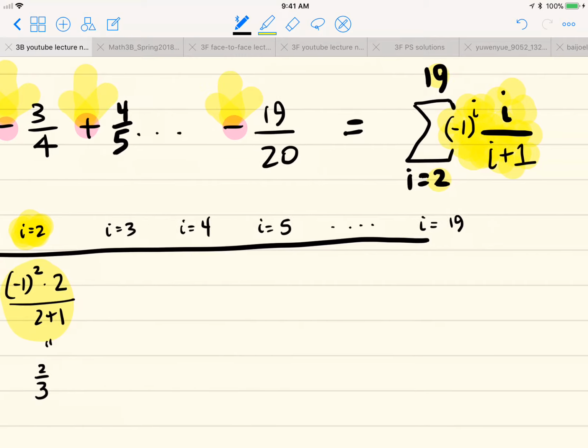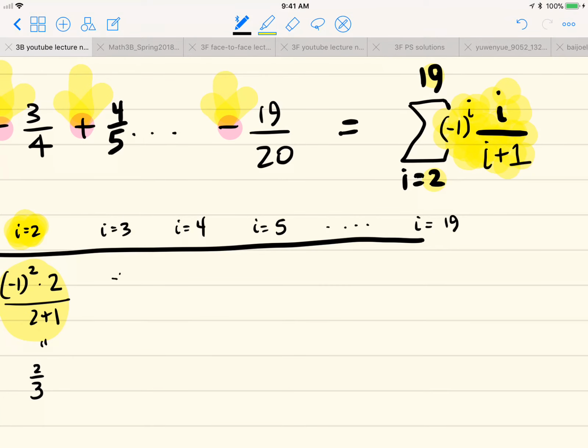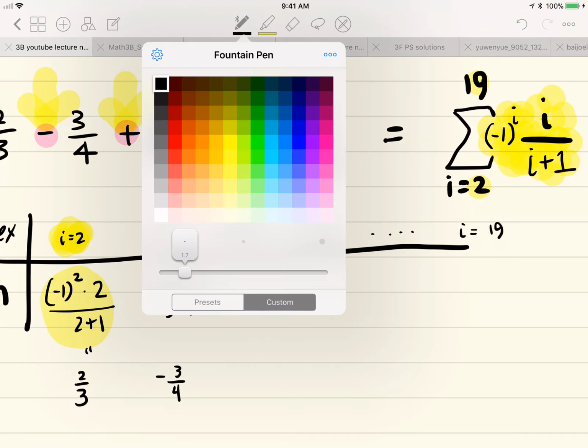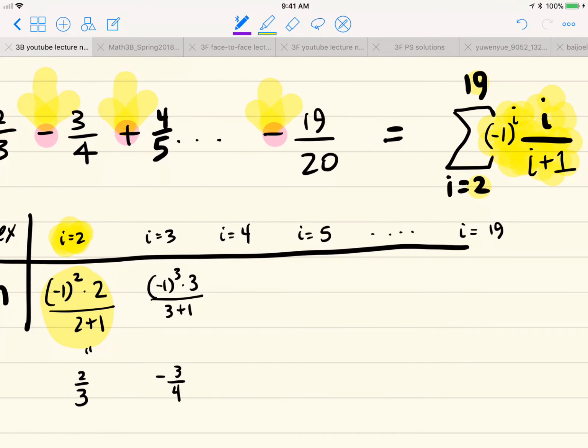Now let's see what happens for i equals 3. I'll have negative 1 cubed times 3 over 3 plus 1, and that's going to be negative 3 over 4. And that's what I want, right?